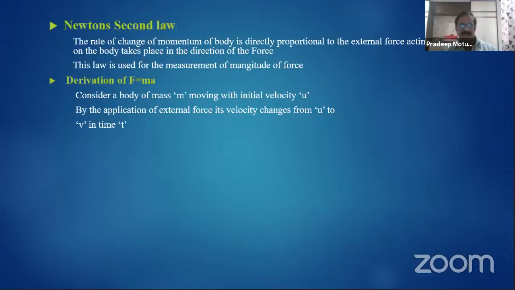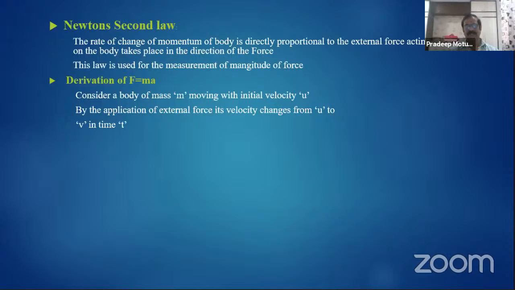A body is moving with initial velocity u. Because of the application of the force, its velocity changes from u to v in time t. What is momentum? Momentum means mass and velocity. What is the initial momentum of the body?